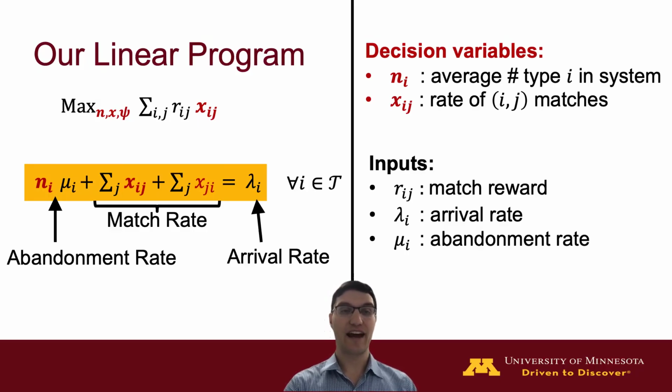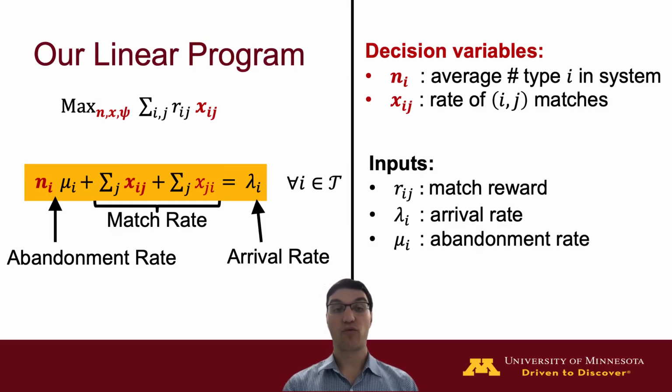And this term on the left, Ni mu i, is the aggregate abandonment rate, because Ni is the average number of agents of type i in the system, and all of our agents of type i abandon at rate mu i. So all this constraint is really saying is that the total match rate plus the total abandonment rate has to equal the arrival rate lambda i.